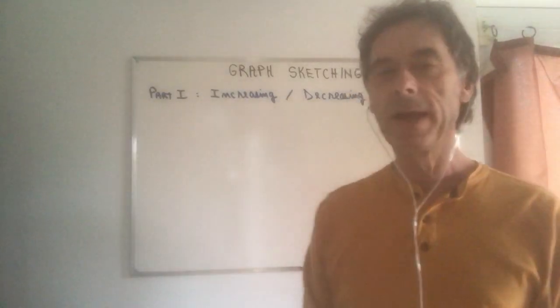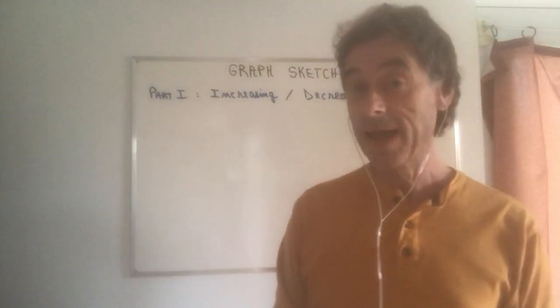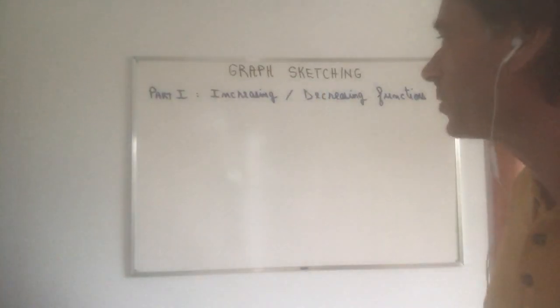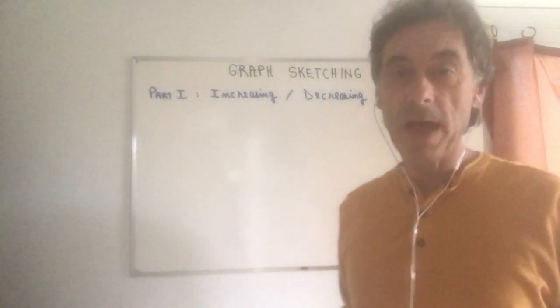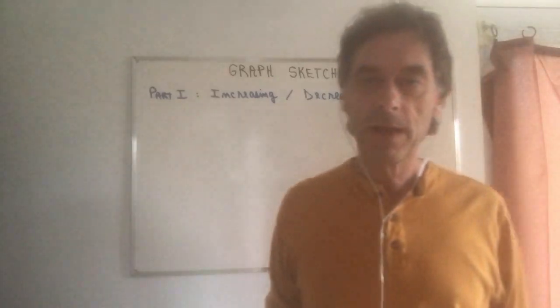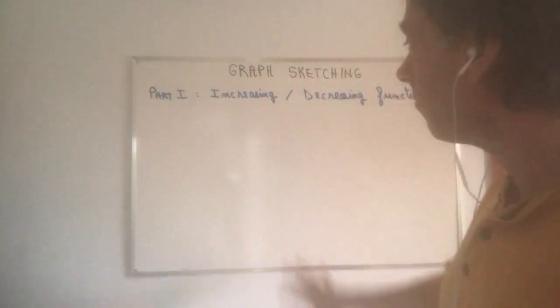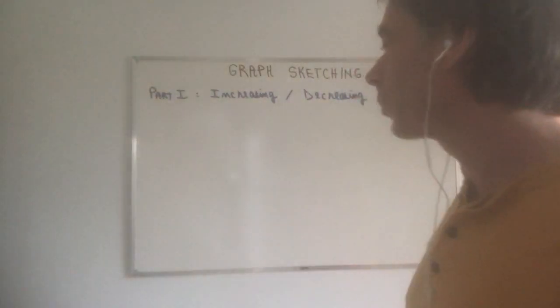We're entering today a part called the applications of derivatives, and the first one is graph sketching. That's a more applied part where we see how calculus can be used to perform different tasks. I've divided this into three parts.